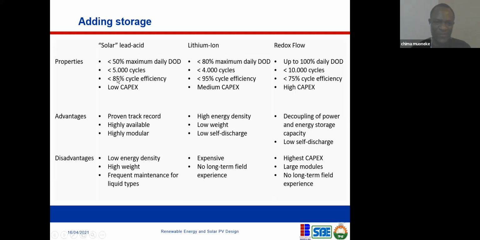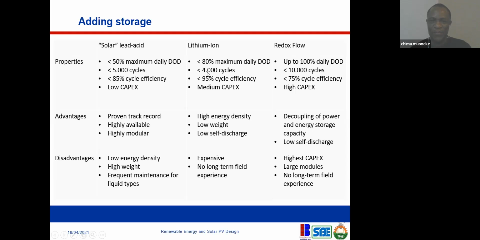The lead acid battery has 85% cycle efficiency. So out of the energy that this lead acid battery is supposed to give you, not the energy stored in the system, you're only going to achieve 85% of it. So 15% of it will go as a loss in terms of extracting that energy.